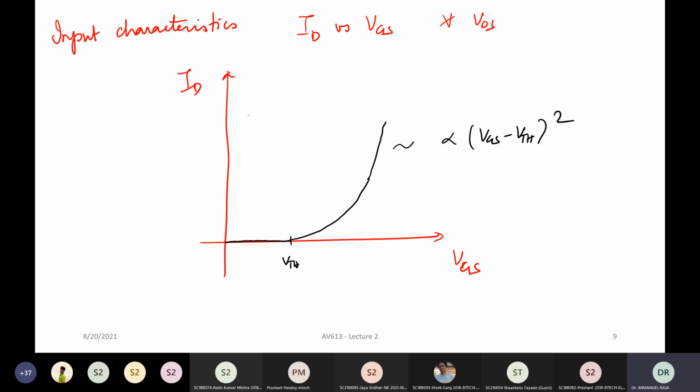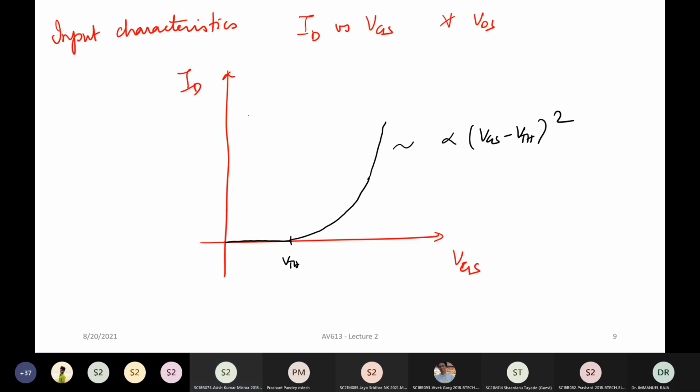All right. Now, if you look at the output characteristics... Sir, yes. In the input characteristics, we have to plot for different VDS, right? Yeah, you will see that as long as it's in the saturation region, you will not see much change.